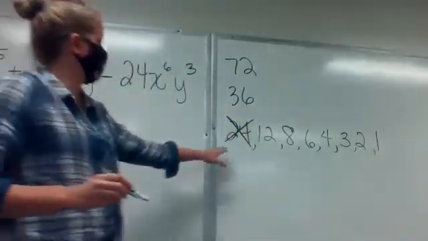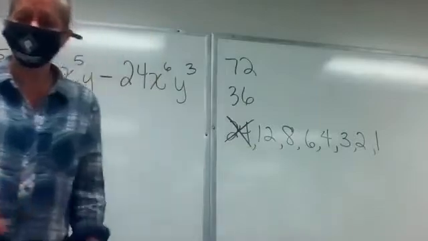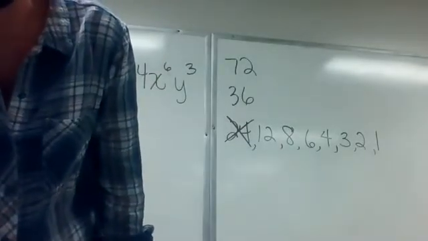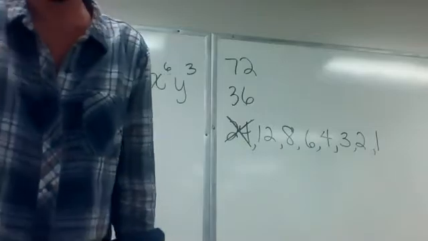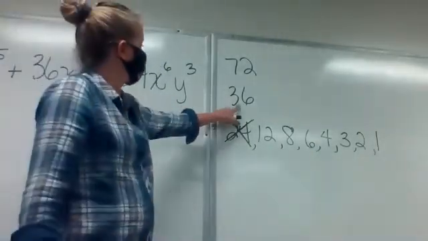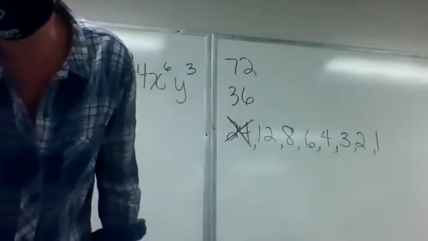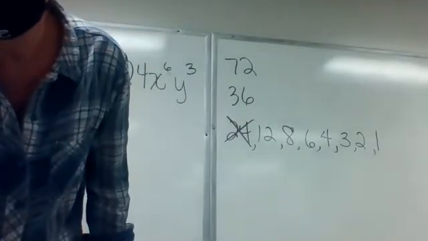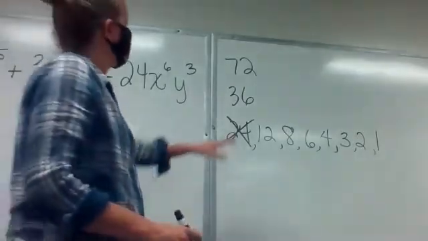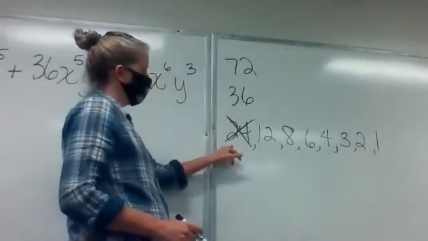So where am I going to go try next? I'm going to try this 12. Well, 72 divided by 12 gives you 6. So it goes into 72. Now let's do 36 divided by 12, which gives me 3. So it gave me a whole number, and I know it goes into 24, right?